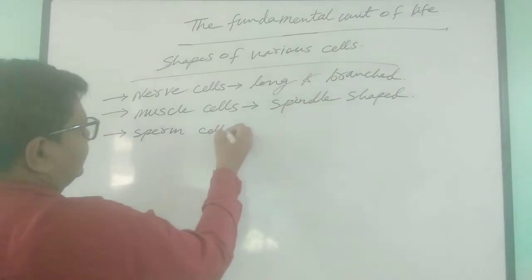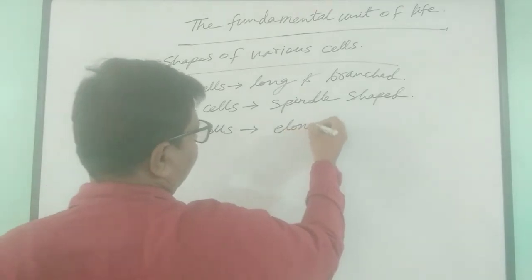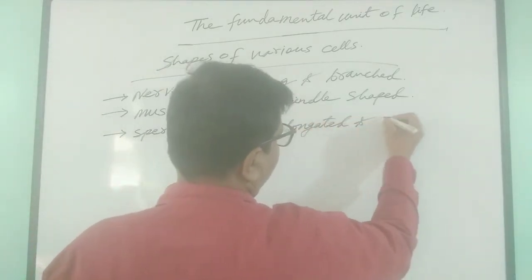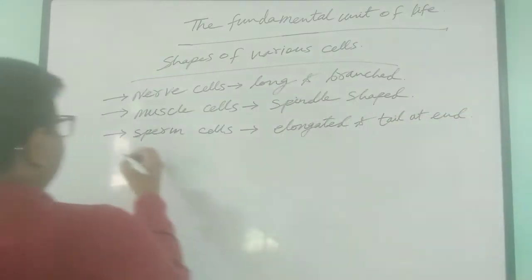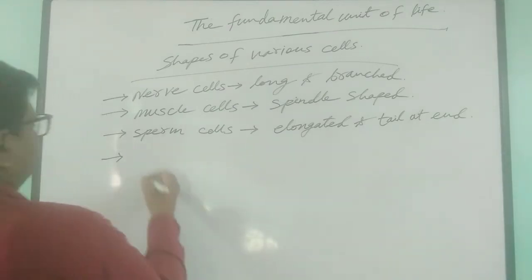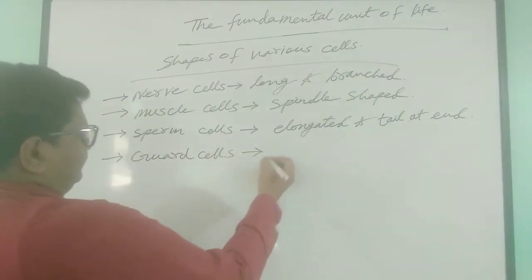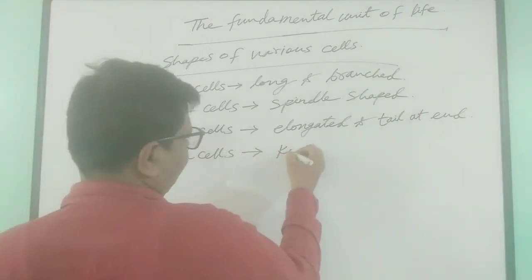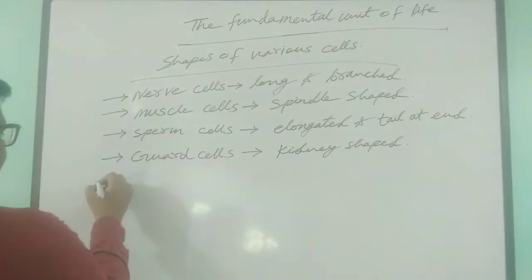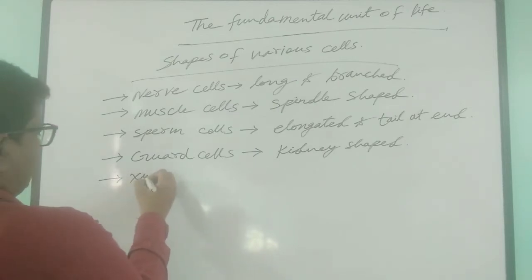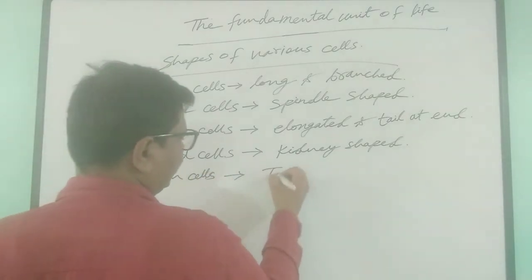Sperm cells: elongated and tail at end. Guard cells: kidney shaped. Xylem cells: tubular.